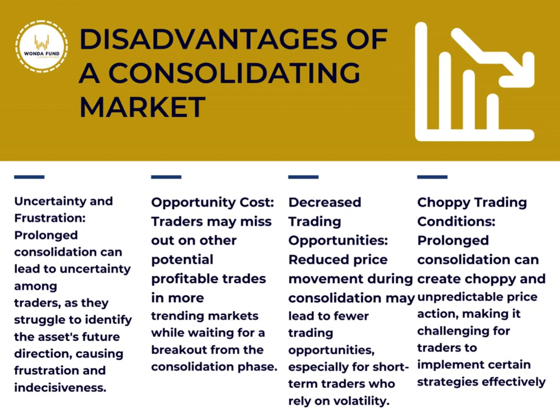Okay. Choppy trading conditions. Now, prolonged consolidations can create choppy and unpredictable price action, making it challenging for traders to implement certain strategies effectively. Now, in consolidations, it's much better to scalp or to enter your buy positions at the base support and trend all the way to the top resistance.